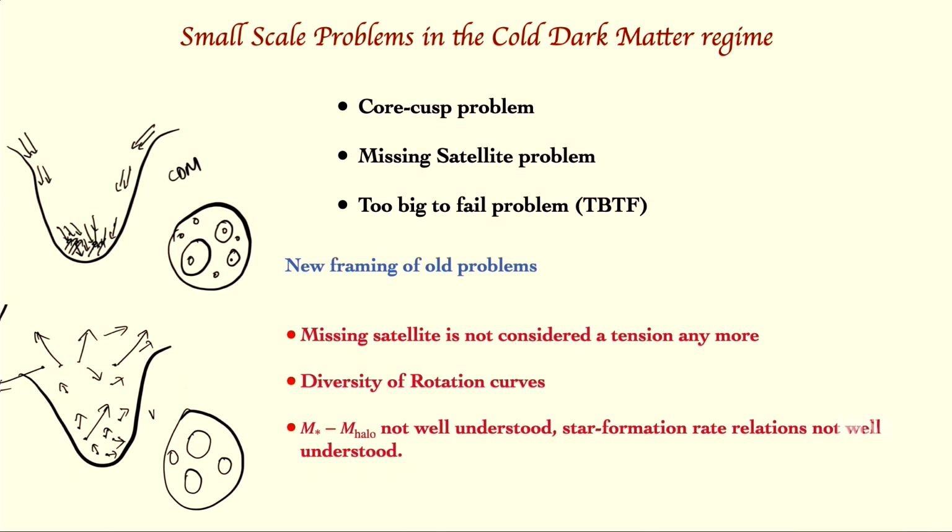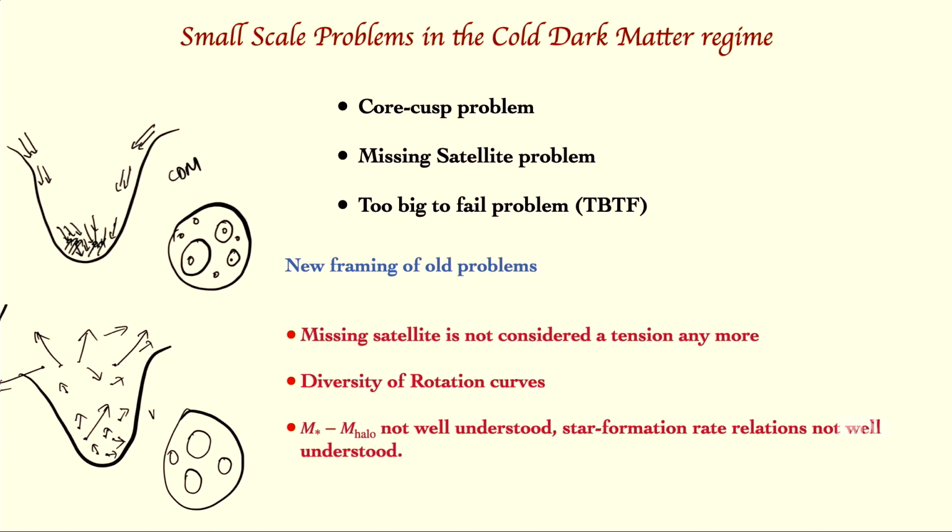In fact, now we don't only see cores in satellite galaxy halos, we actually see a diversity of rotation curves. So the entire spread of rotation curves of galaxies, from dwarf satellites and nearby galaxies, is still significantly larger than what we actually expect in CDM. So the core cusp problem has been transferred into this diversity of rotation curve problem.